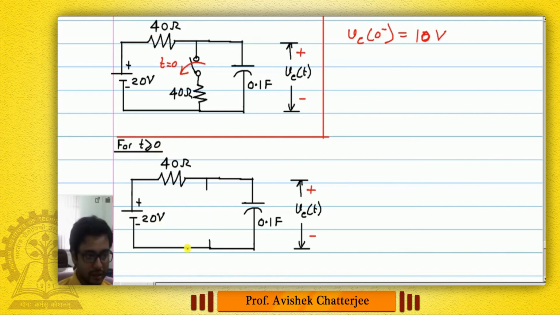Okay, then it is very easy. Now I will write this current is suppose i(t), this voltage is Vc(t).